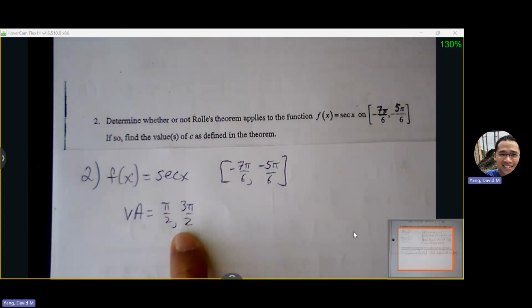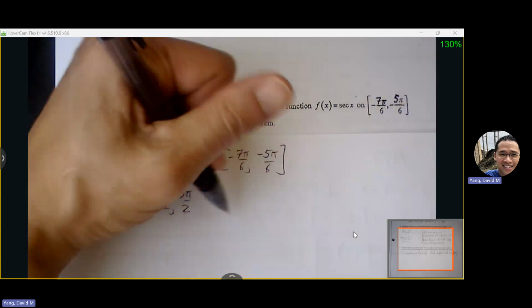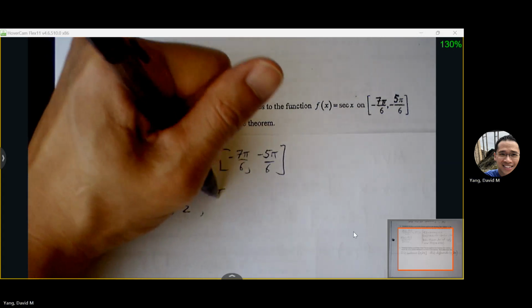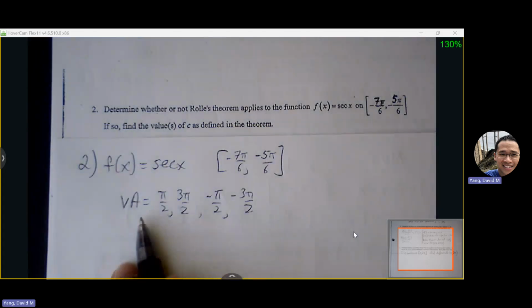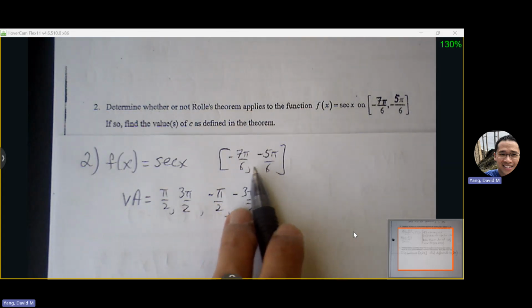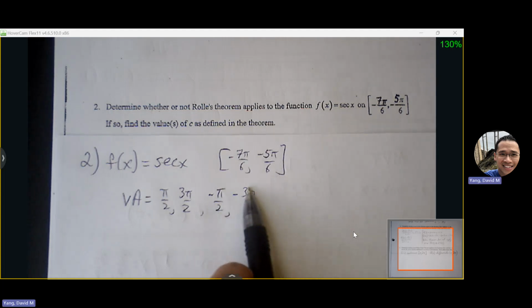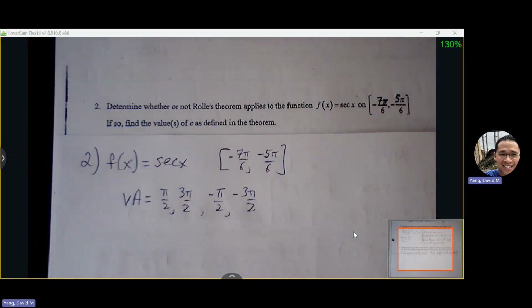But if we were to subtract 2 pi from this, none of them will land inside that interval. It's not going to impact the interval here. So we're safe. Our function can pass the first 2 conditions.